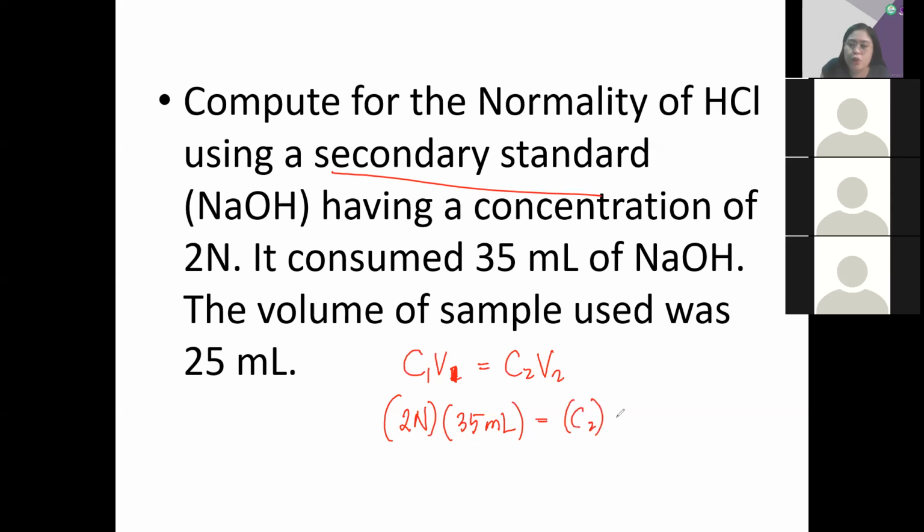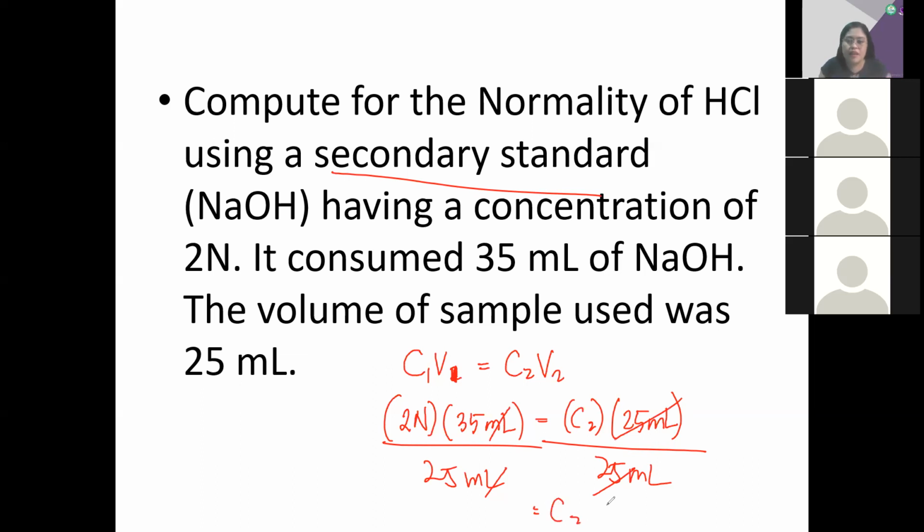And we are still looking for the concentration of the sample multiplied to the volume used, that's 25 ml. So divide both sides by 25 ml. Again, let's see. So the C2 here, 2 times 35 divided by 25. Yes, that's 2.8 normal. Okay?